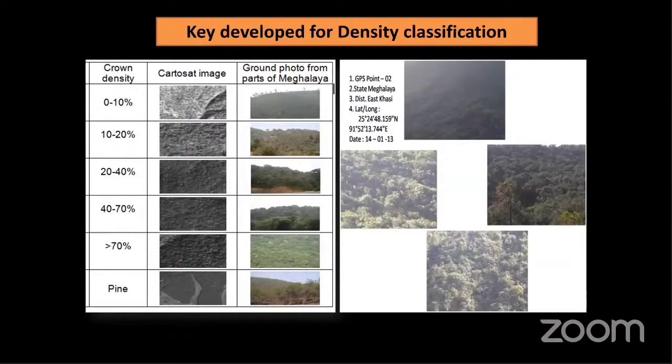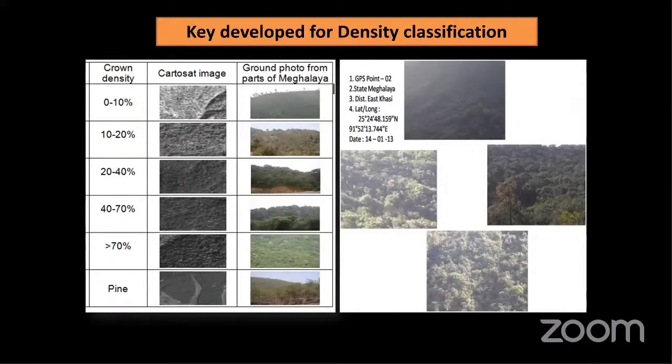Like this, we need to go to the field, take imagery, and generate the key, so that when 5 people are doing the interpretation at the same time, their individual perception will not matter. If you generate a standard key like this, then when all these areas are joined together, you will have a seamless density map of the particular area.